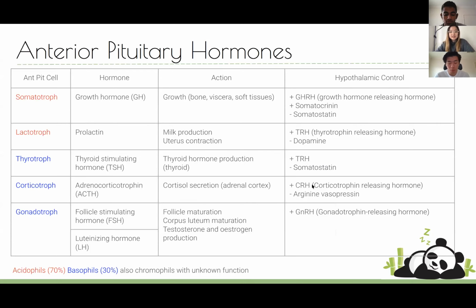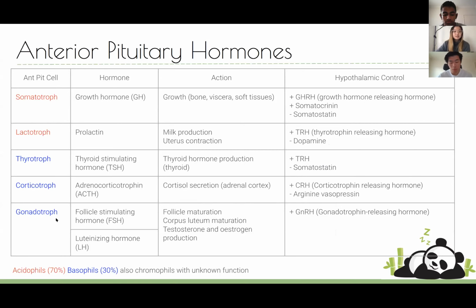That is activated by your CRH, or corticotropin releasing hormone, via the hypothalamus. You can see that lots of these hypothalamic hormones are quite aptly named. Things like corticotropin releasing hormone, thyrotropin releasing hormone, or growth hormone releasing hormone are quite intuitive.